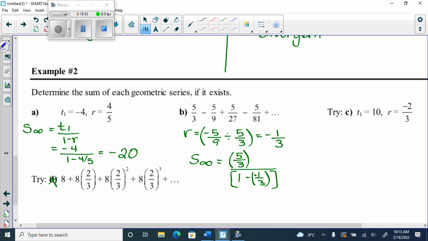Now you have yours. Where's yours? No. It needs to be negative 1/3. That's physics, dude. Physics, you need so many brackets.